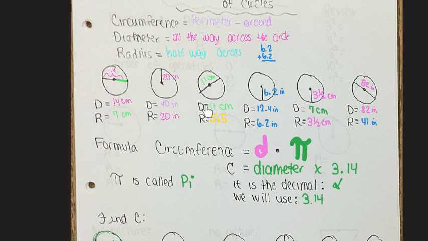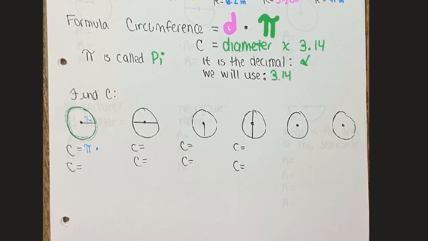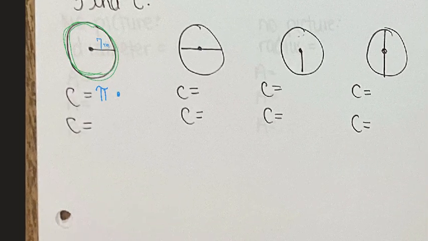If I know the diameter, I can figure out the radius. If I know the radius, I can figure out the diameter. So if the radius is 7, the diameter is going to be 14. Scratch work, 3.14 times 14.